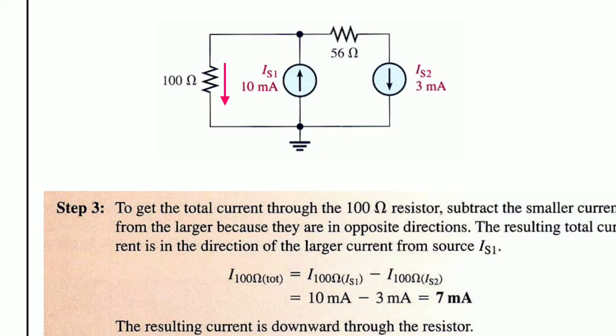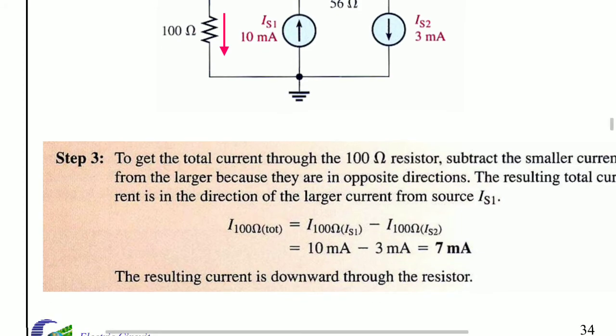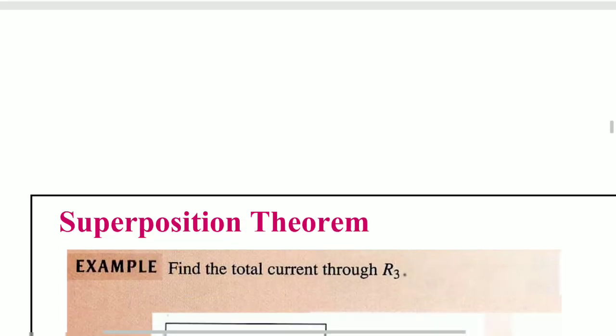The resulting total current is in the direction of the larger current from source IS1. So I 100 ohms total is equal to I 100 ohm due to IS1 minus I 100 ohm due to IS2. So 10 milliamps minus 3 milliamps will give 7 milliamps. So the resultant current is downward through the resistor, and the resultant current is 7 milliamps.